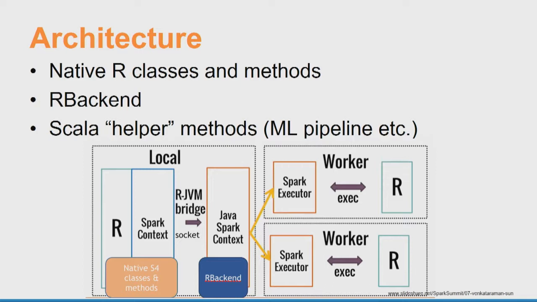It communicates between the R classes and RBackend using a proprietary socket communication. It also comprises a set of helper classes for things more complex, things like a machine learning pipeline, that sort of thing, or a set of helper classes that makes it easier for encapsulating that interaction.